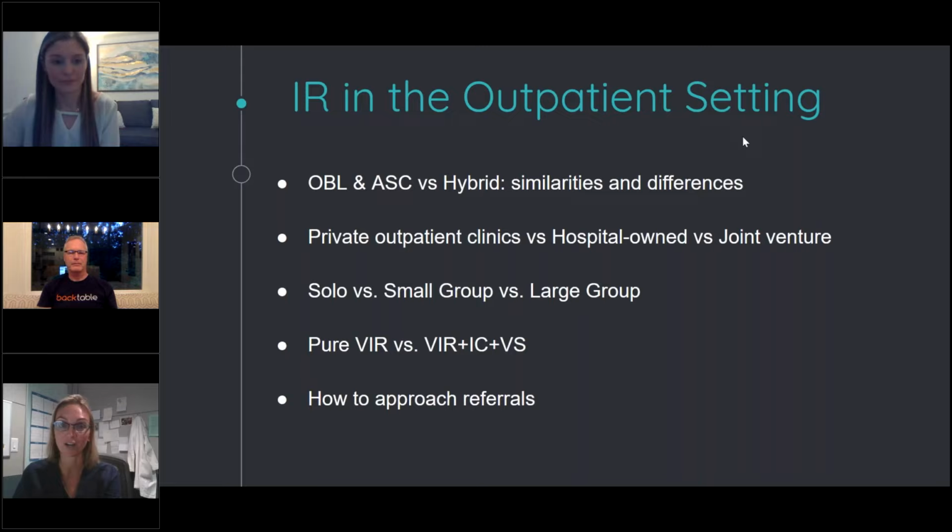This is why, at least at our stage, John and I want to be involved with societies like OEIS and SIR, and make sure that our voices are heard to say you can do fibroid embolization as an outpatient. Otherwise, the government says you can't do this. There's a list of inpatient only codes.